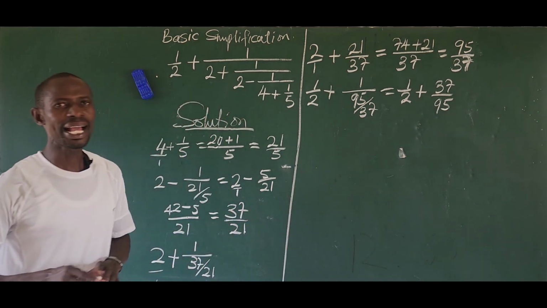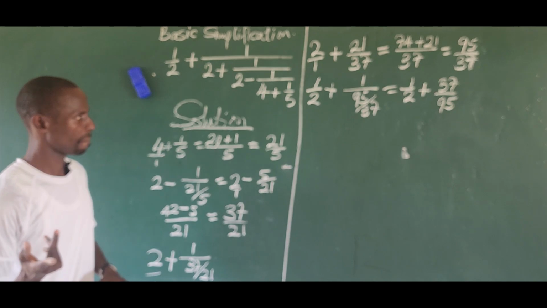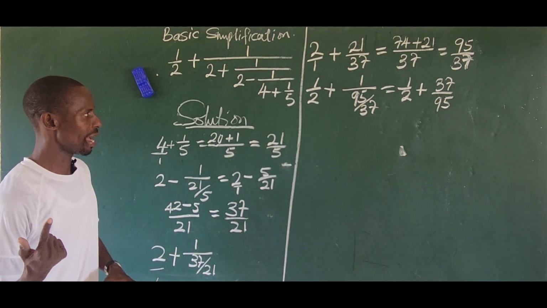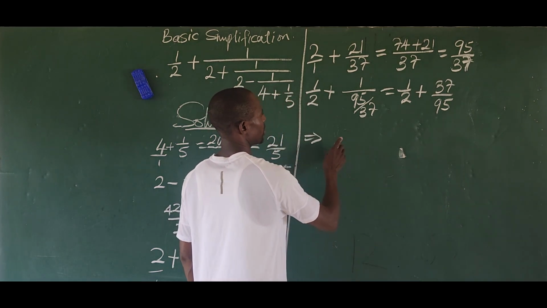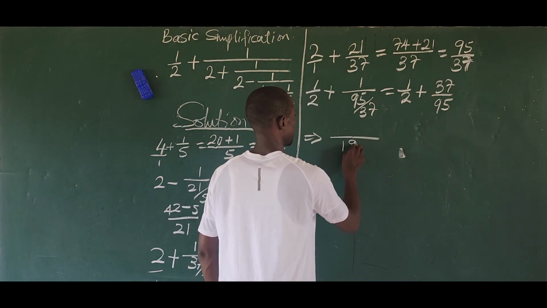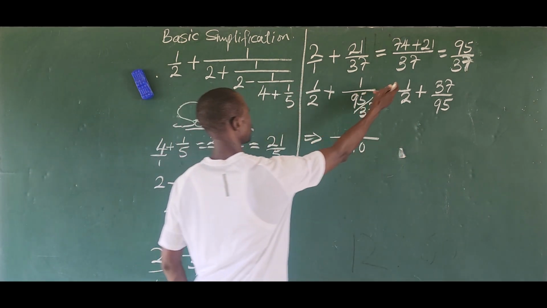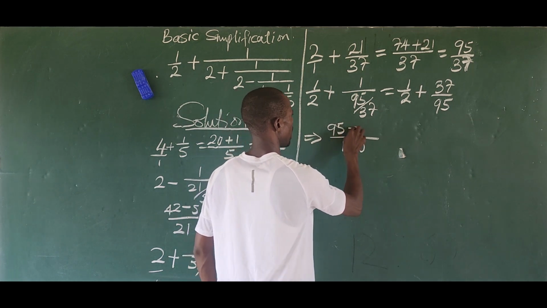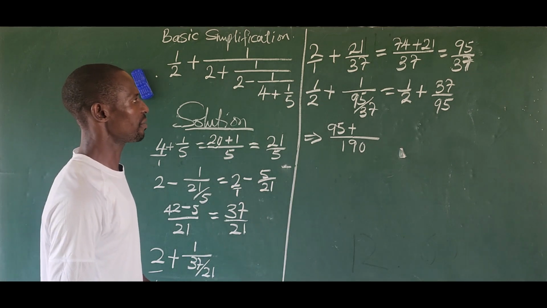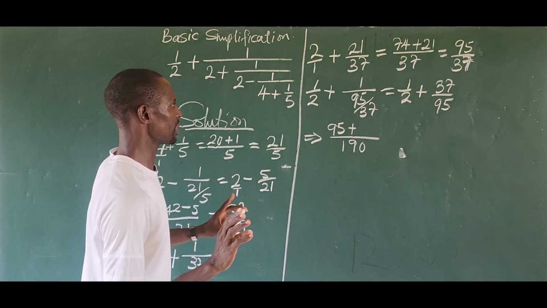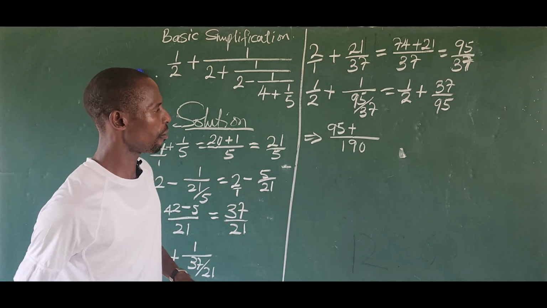Easy. So the LCM of 2 and 95 will give us 2 times 95, which is 190. So we have 190, right? So this now gives us here 190. 2 into 190 will give us 95. So 95 times 1 will give us 95 there, plus then 95 into 190 will give us 2. 2 times 37 will give us 74.